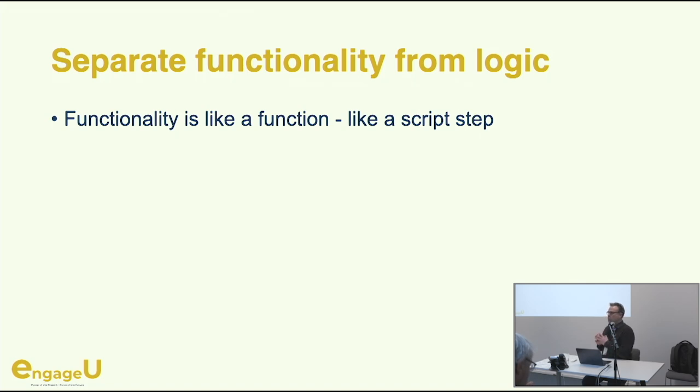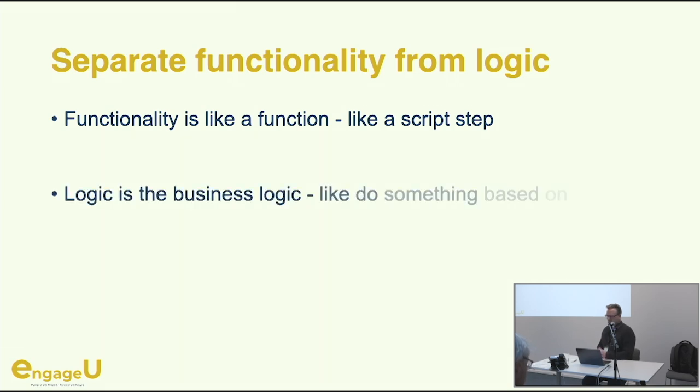But why can't we just do the same thing? Well, we can. And that is functionality. The logic is the business logic. So a business logic would be like, okay, so an order comes in, I check that we have picked it from the shelf, we have packed it, and now it's shipped.